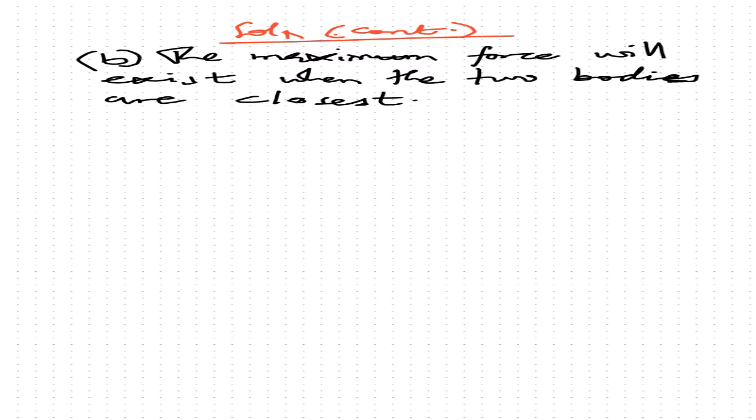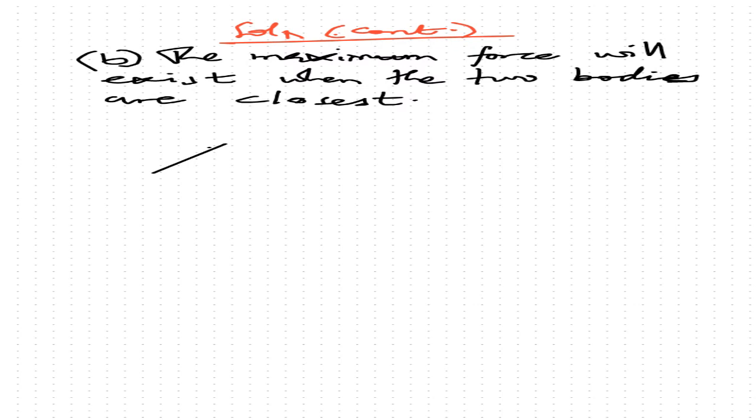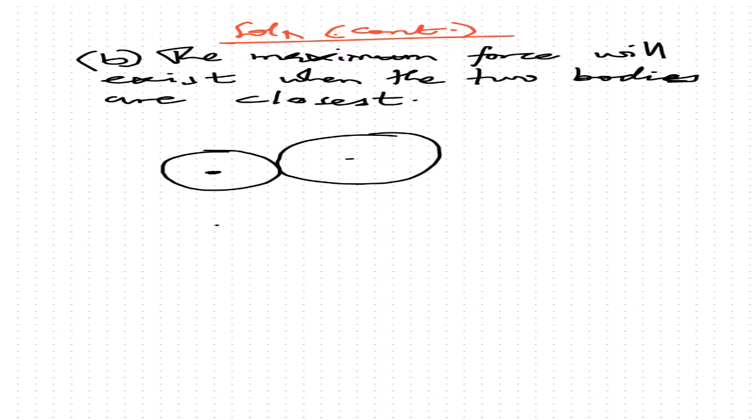What do we mean by this? One of the bodies according to the question has a mass of 4. If they are closest, that is when you have the maximum.